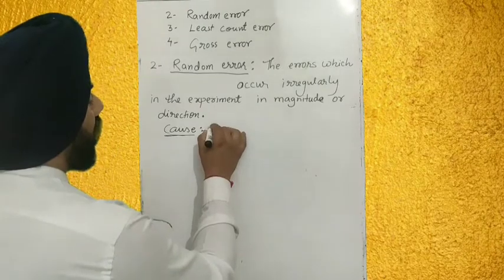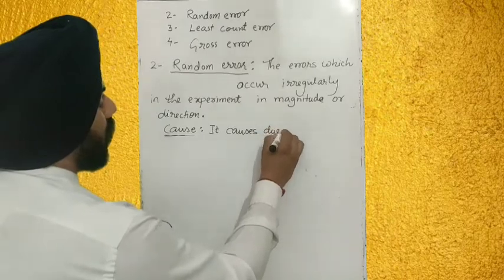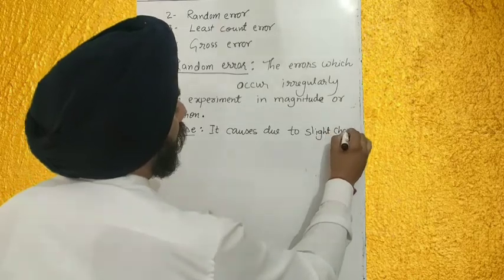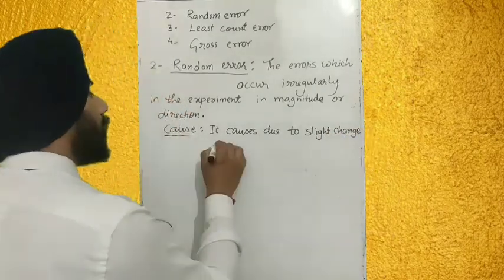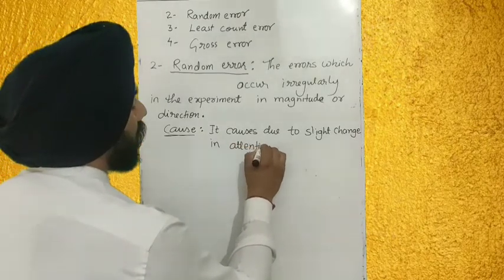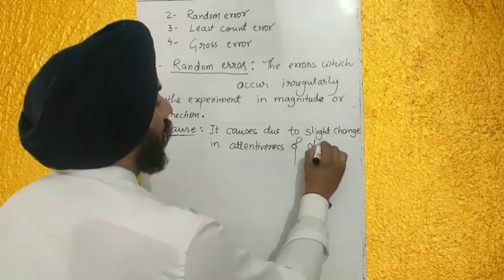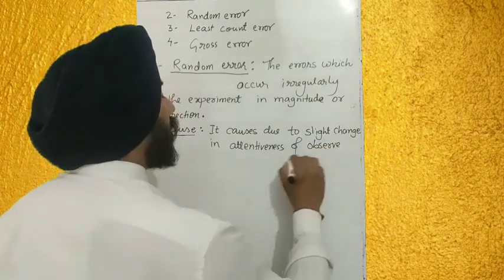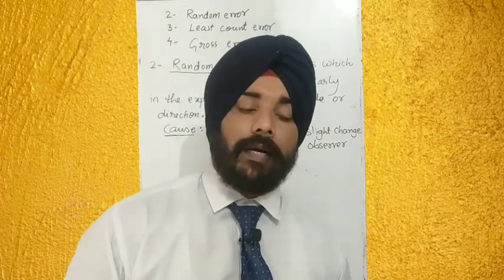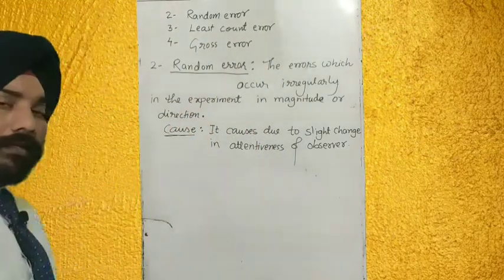It can be caused due to a slight change in the attentiveness of the observer. Whoever is observing this experiment, maybe he is not attentive anymore. So that can be the reason.